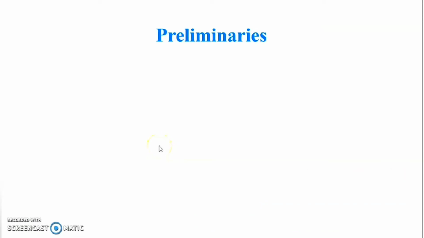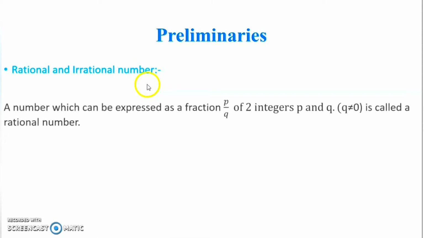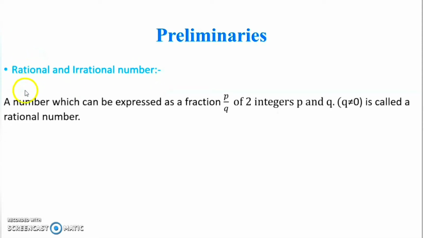Now, before going to the actual topic, that is surds and indices, and before solving the problems, let me do some preliminaries which are important to learn about surds and indices. The first one here is what is a rational and what is an irrational number. The definition of a rational number is a number which can be expressed as a fraction p upon q of two integers p and q where q is not equal to 0.